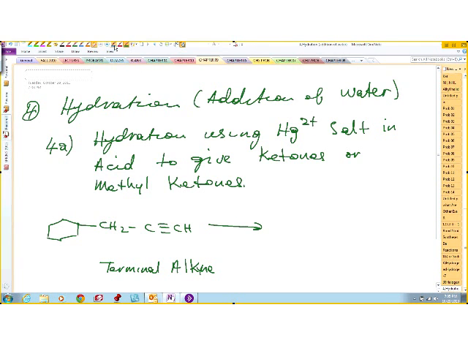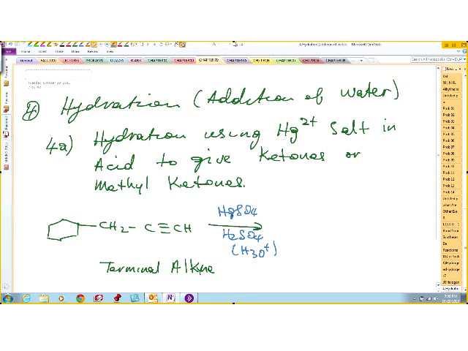And we do this, and that reagent will be mercury sulfate, or sometimes you will simply see us write mercury 2 ion, in sulfuric acid, or sometimes instead of writing sulfuric acid, we may simply write hydronium ion. That reagent transforms a terminal alkyne to a methyl ketone.